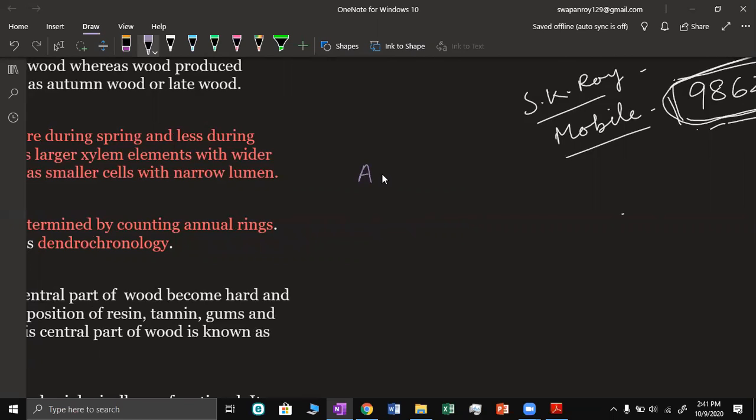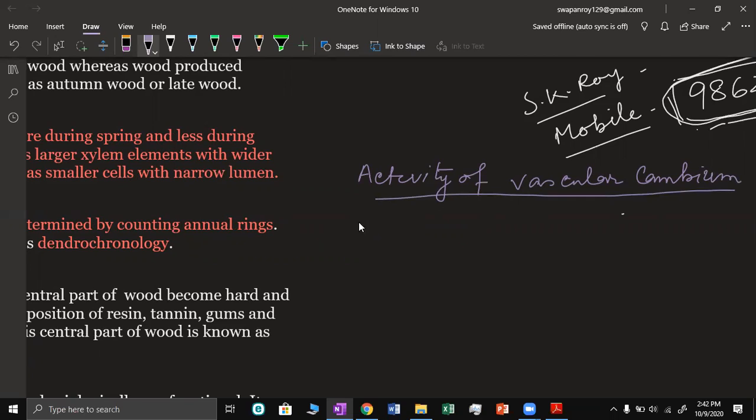The activity of vascular cambium, is it? This activity of the vascular cambium produces secondary vascular tissue, that is secondary xylem and secondary phloem.